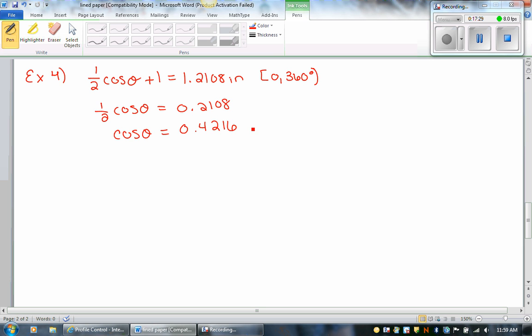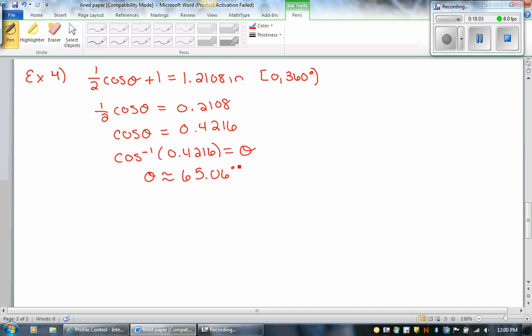And in order to get what the angle is equal to, we do have to take the inverse. Okay. So go ahead and do that on your calculator and see what you get. Okay, so you should have gotten approximately 65.06 degrees.